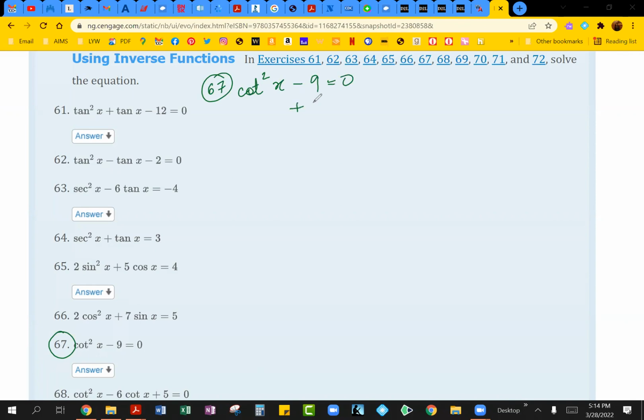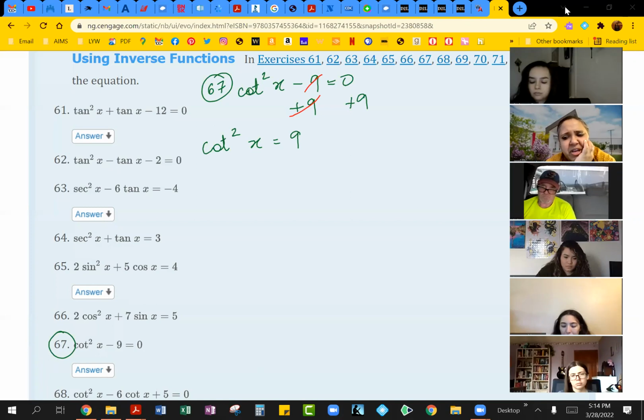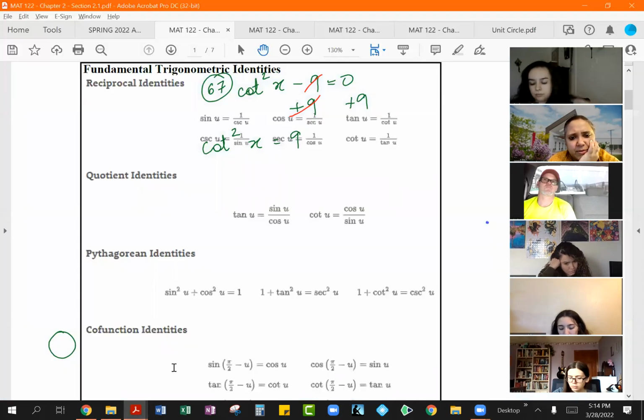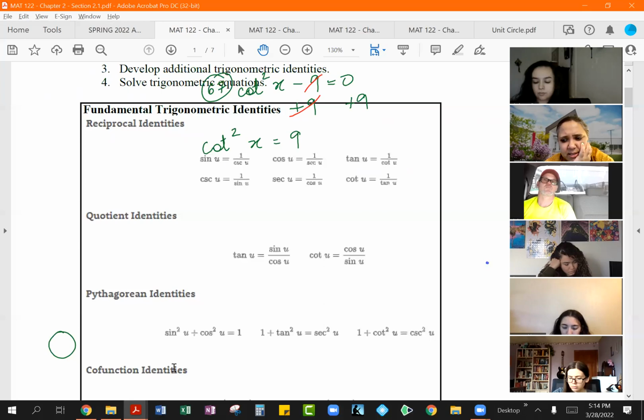So of course, we want to start by isolating the function. Go ahead and add the 9 to the other side. With cotangent, what can we do? Which identity can we use here? And you can always go back to your 2.1 handout to try and find those identities.